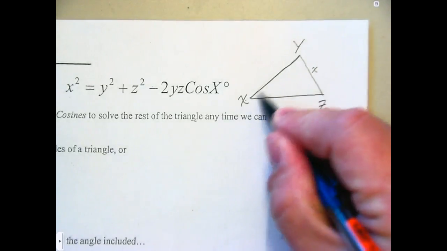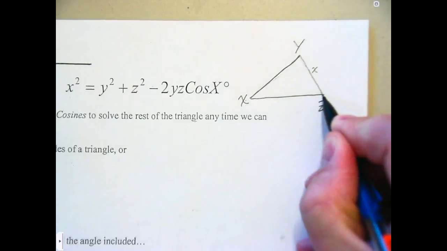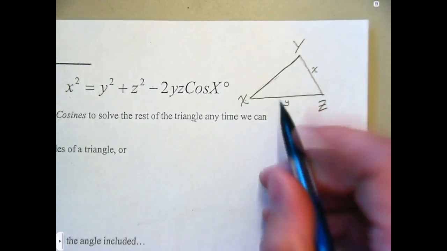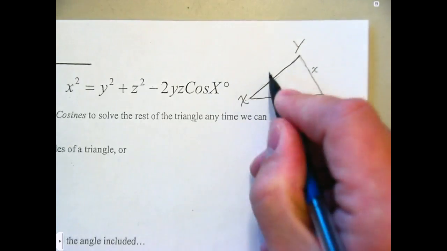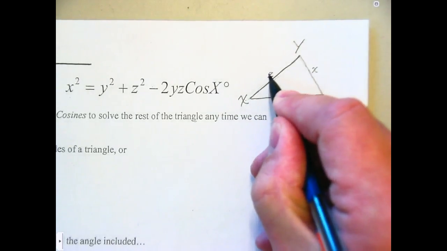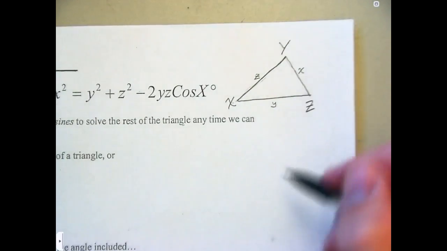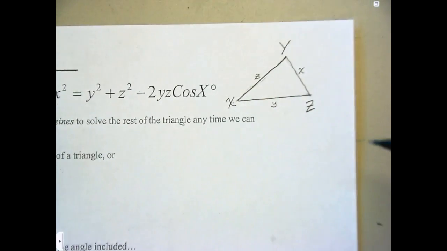The side opposite angle Y is called side Y, and the side opposite angle Z is side Z. Lowercase is your side, uppercase is your angle. If you did not know that, write it down. That is a big deal.